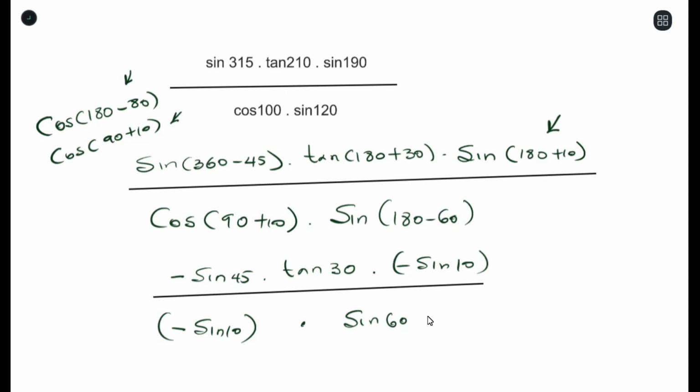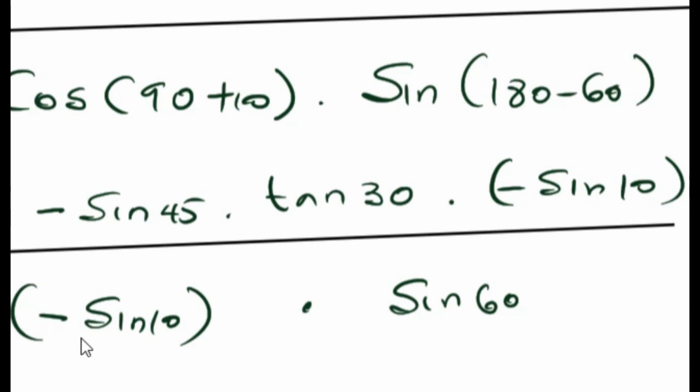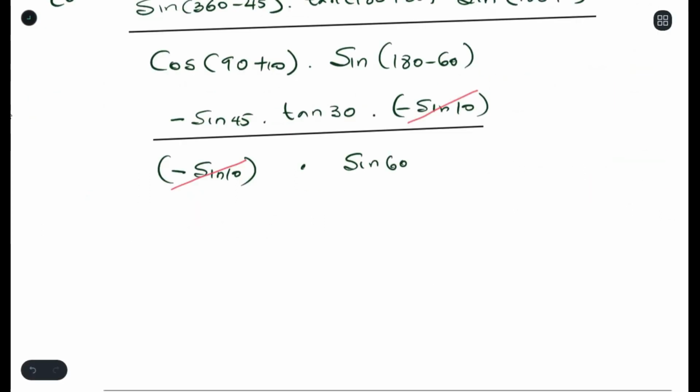And sine is positive in the second quadrant. So you can see that making this 90 plus 10 pays off in this step over here. Because in this step, we are definitely allowed to cross cancel this negative sine 10 and also cancel that negative sine 10. Then we can now simplify the rest.